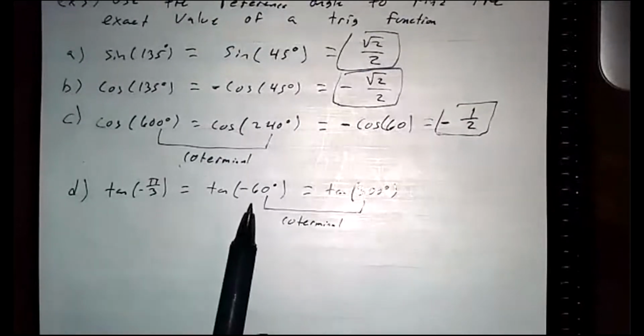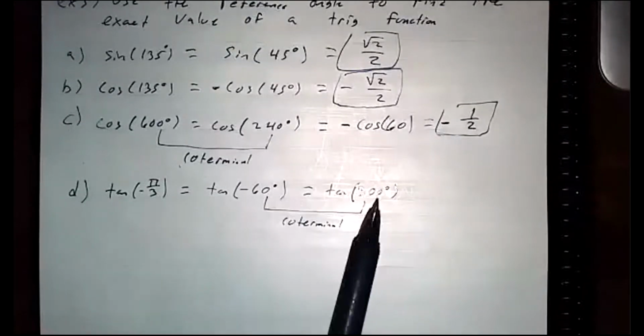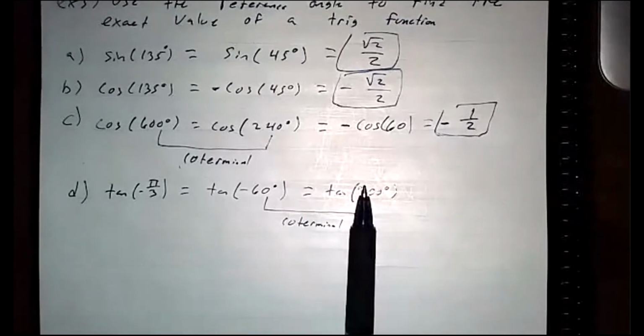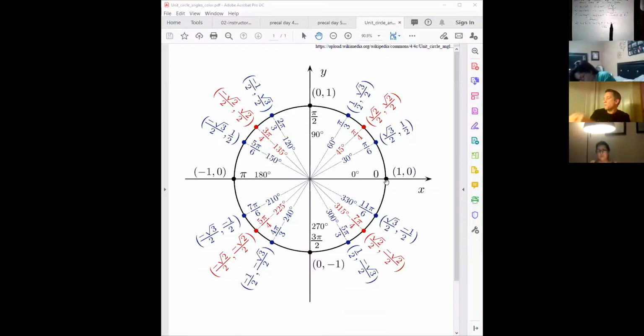Because if I add 360, I'd go all the way around and be at the positive side. So instead of going backwards, I can go all the way around to get to the positive angle. So I can go this way, negative 60, or go all the way around to 300. Does that make sense? The first step.